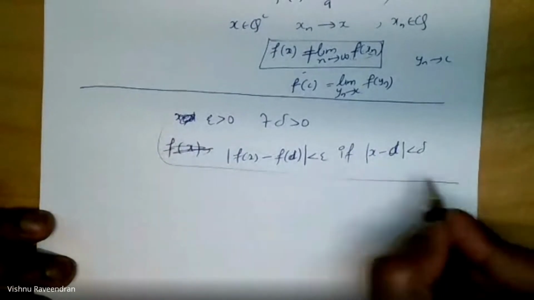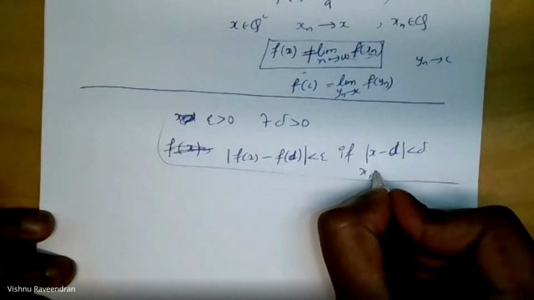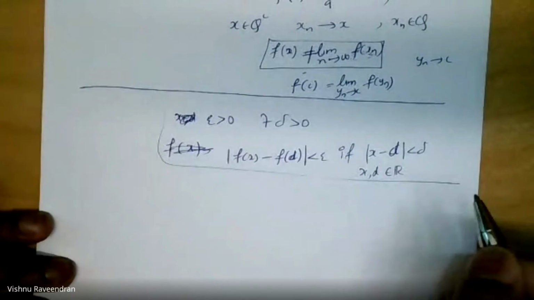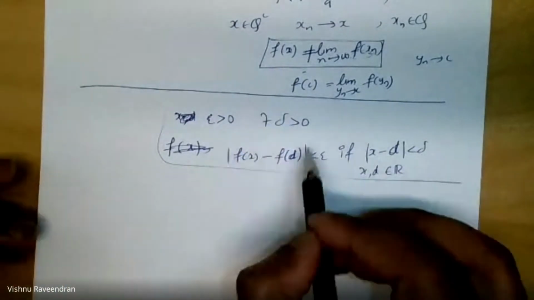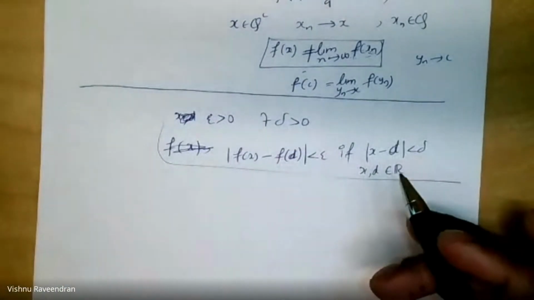If we have this condition for any x, d in R, then we can conclude f is continuous, right? So this is the basic definition of continuity.